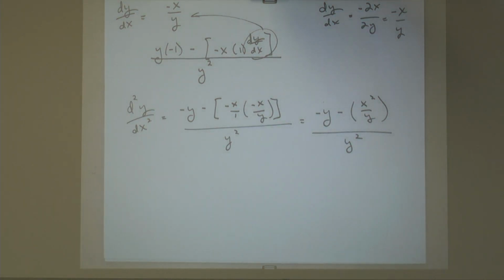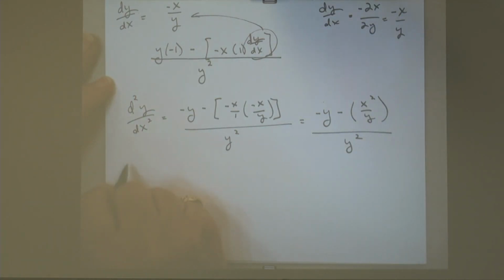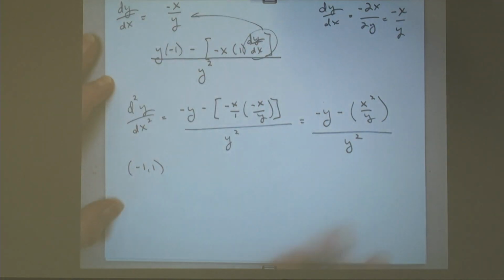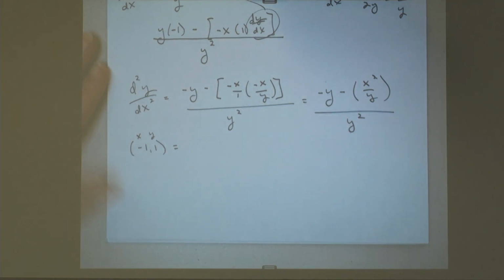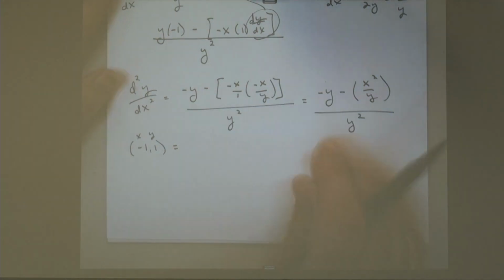So there we've gone from first derivative to second derivative, and we're being asked to evaluate the second derivative at negative 1, 1. Remember, this is your x, this is your y, and I don't mean to sound sarcastic saying that, but it's really easy to forget. So give yourself some road marks here.